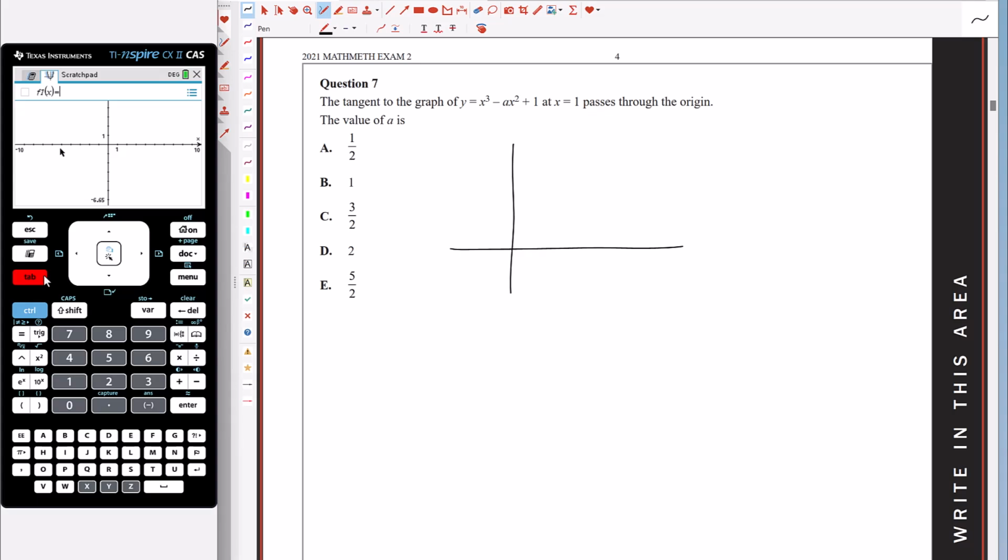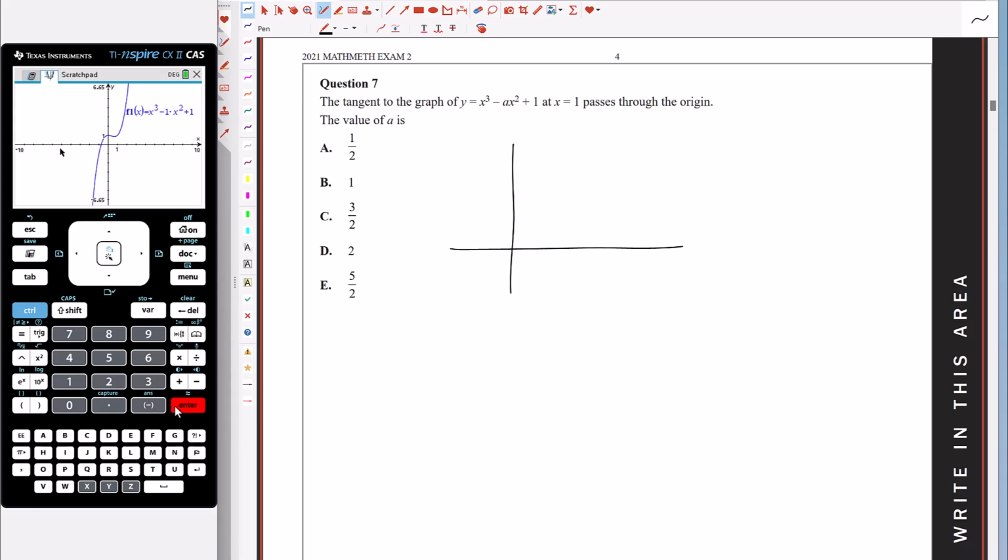So what have we got? x cubed. Having sketched the graph now, I've defined the function as f1 of x, so I can use that over in the calculator screen if I want to do any algebra with it. I'm going to make a 1, just so we get an idea of what the shape is.